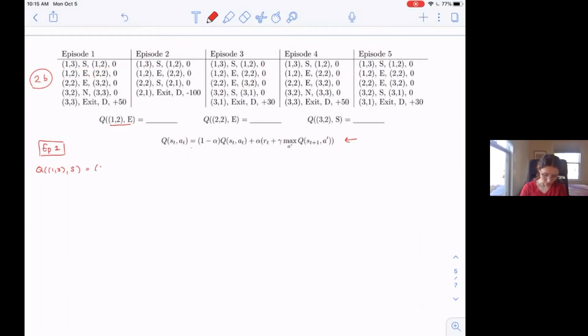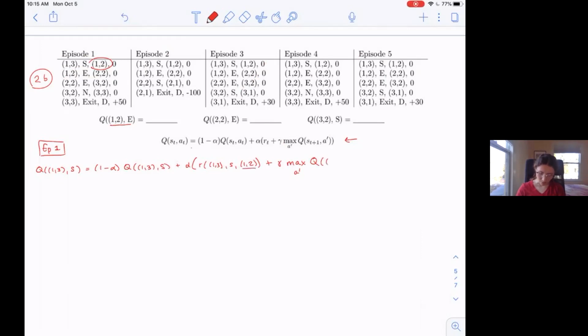This is going to equal 1 minus alpha times our old Q value of 13 south, plus alpha times the reward of being in 13, taking the action south, and ending up in 12, plus gamma times max over the actions that we could take, where we're now looking at the Q value of the next state.